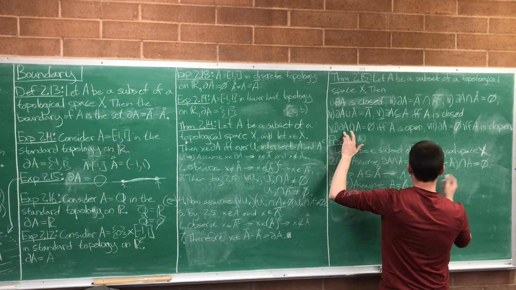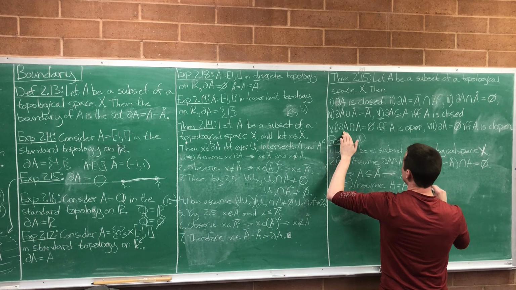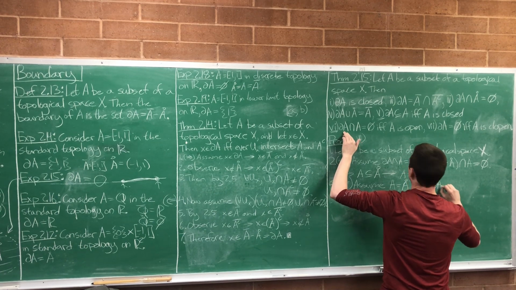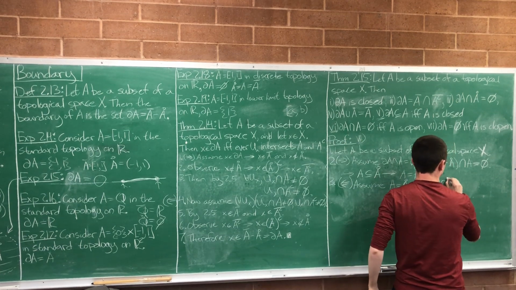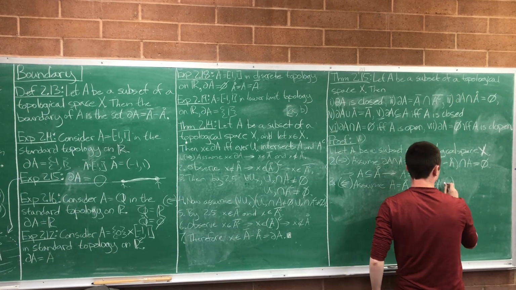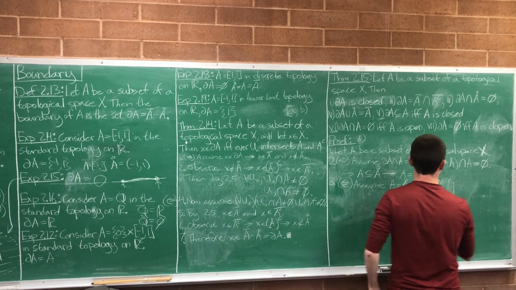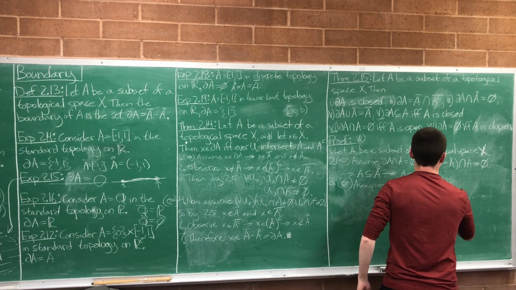Then, well, obviously, then delta A intersect A, or minus A interior. Oops. Sorry, I'm doing two at the same time, skipping ahead, my bad.